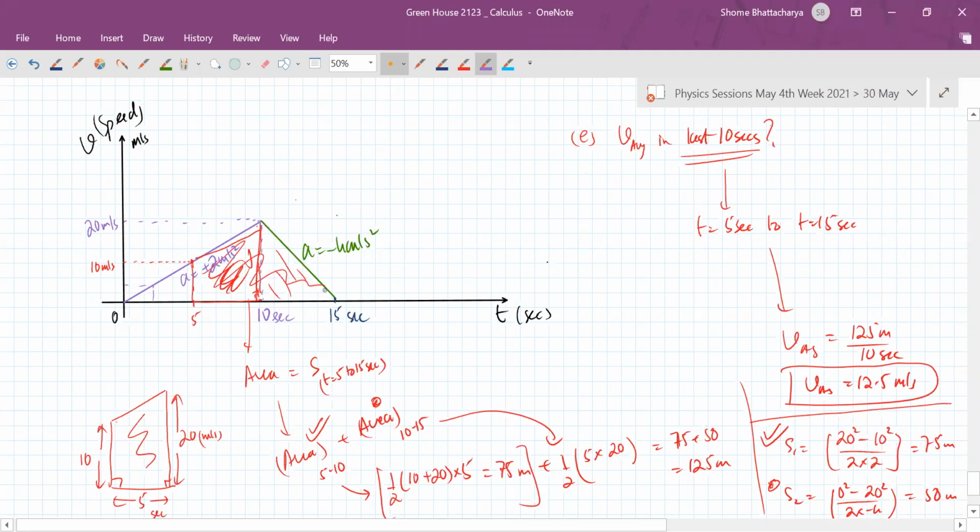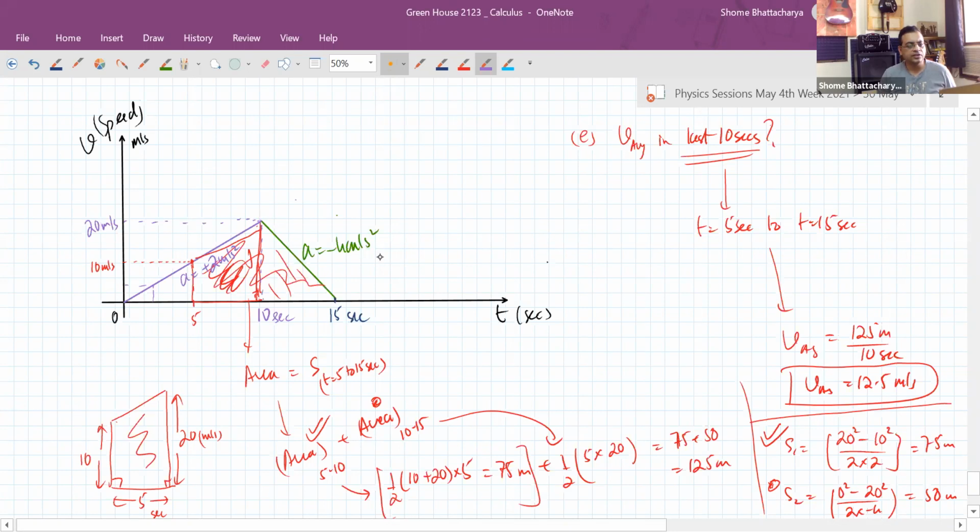After this, for example, if I ask you at 12 seconds, you can see that at 10 seconds it was 20, and after that it's reducing at the rate of 4 every 1 second. So how much will it reduce in 12 seconds? It will become 20 minus 8, or 12 meters per second. Basically, you can make use of this graph again.